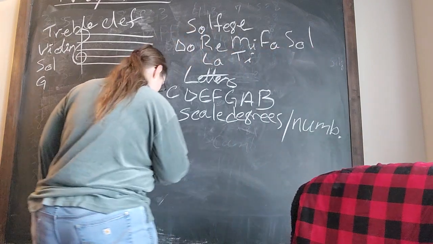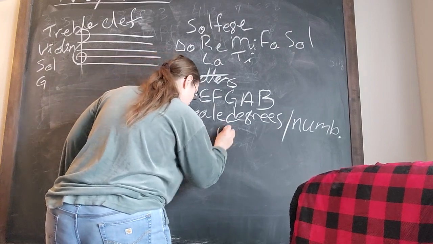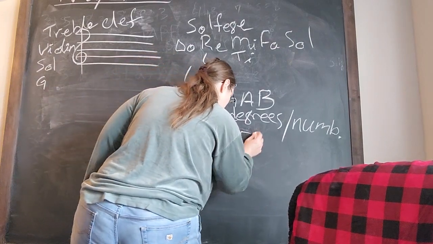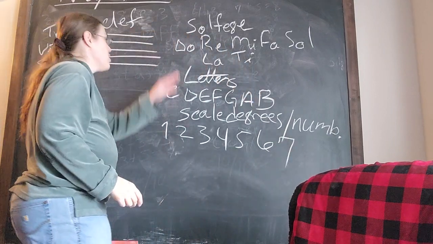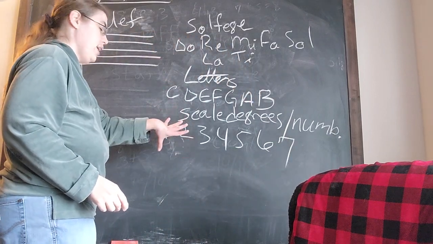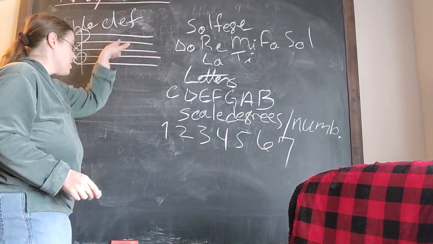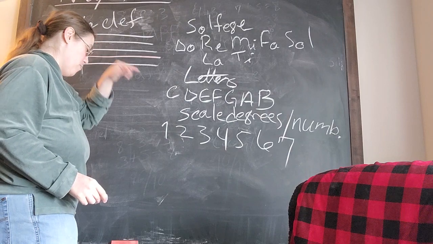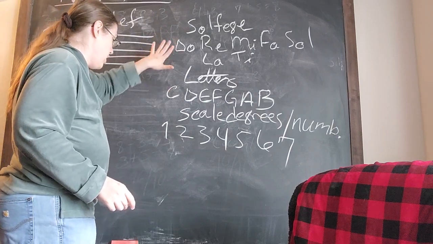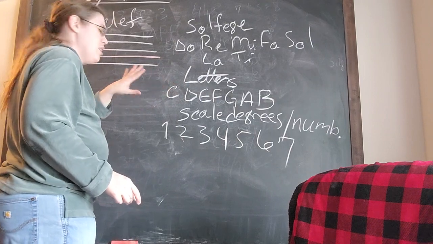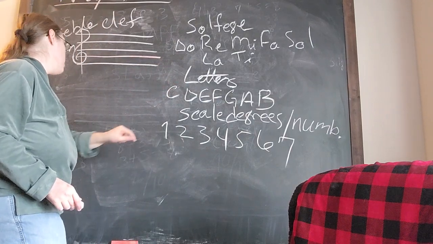And basically it's 1, 2, 3, 4, 5, 6, and 7. So these are your 3 main ways of naming these pitches. For now, I'm just going to do solfege and the letter names, but note that there is this method here.